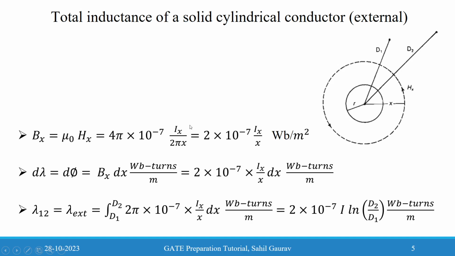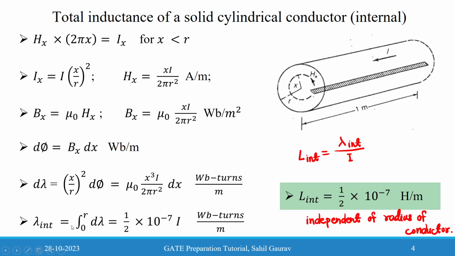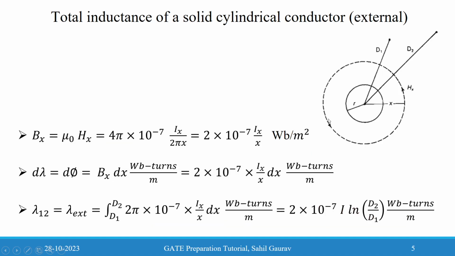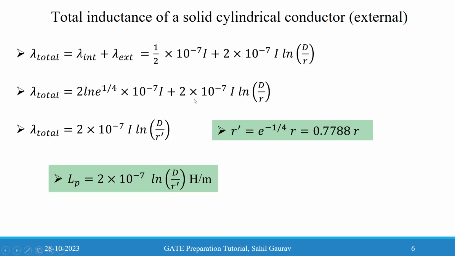And you can correlate with how we found the internal flux linkage previously. We took the first point at 0, the center of the conductor, and the second point at the radius, because the radius is the boundary line for internal and external flux. So therefore you will get the total flux linkage like this.